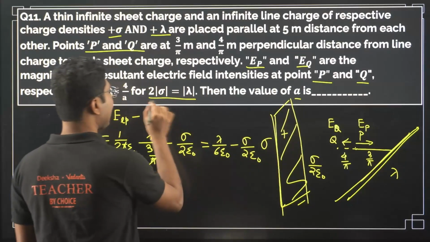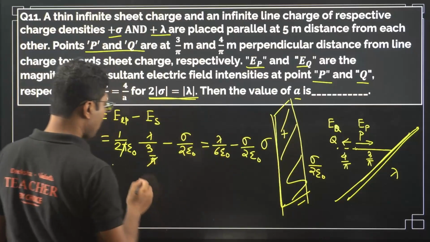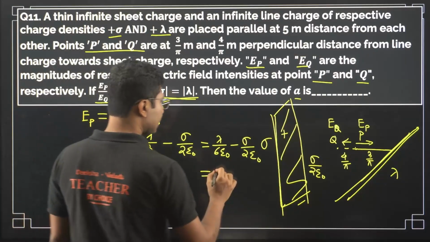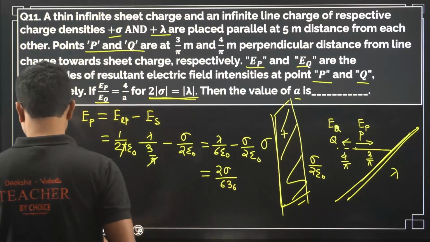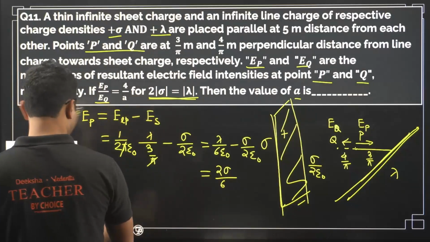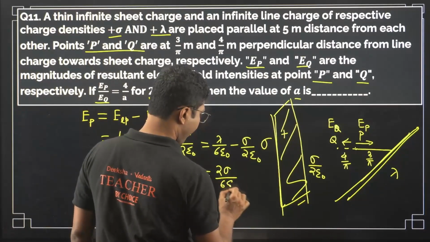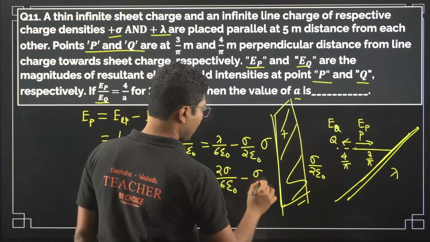Now it is given that 2 sigma equals lambda, so we put that value of lambda over here, so we get 2 sigma by 6 epsilon naught minus sigma by 2 epsilon naught.